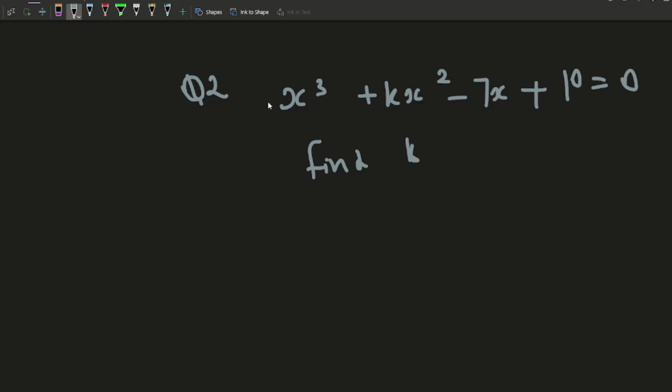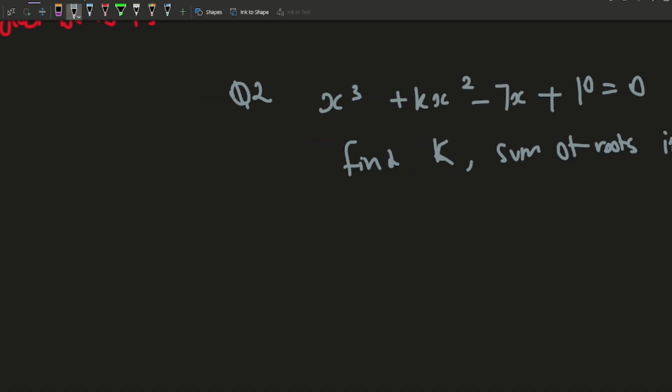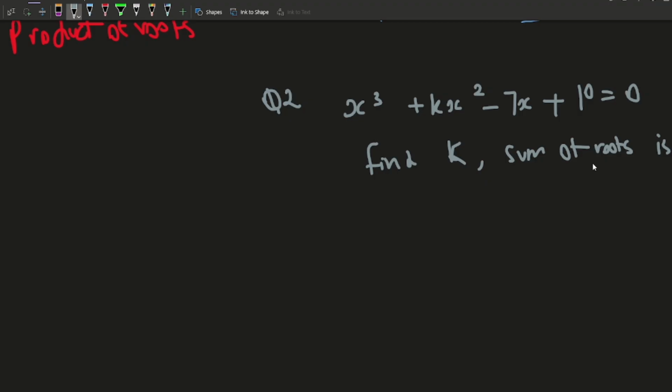That's a scary k. So how will we find k? We are given that the sum of roots is minus 3.